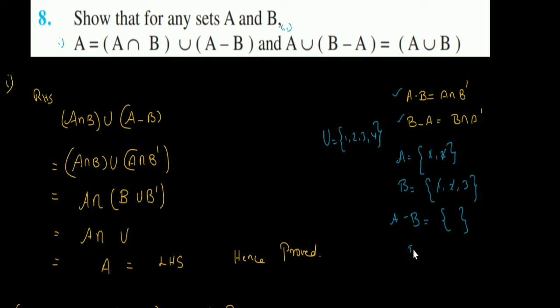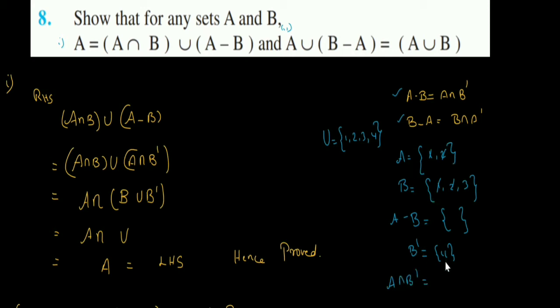Now let us find B dash. How do you find B dash? You compare with the universal set and take whatever is not in B. You can see 1, 2, 3 are in B. What is not in B? The element 4. So B dash is {4}. Now let us find A intersection B dash. What is set A? {1, 2}.